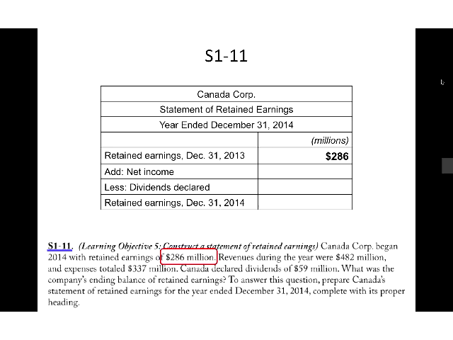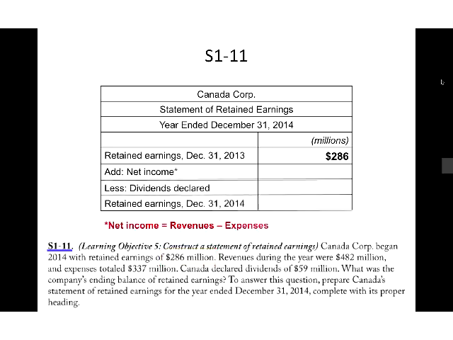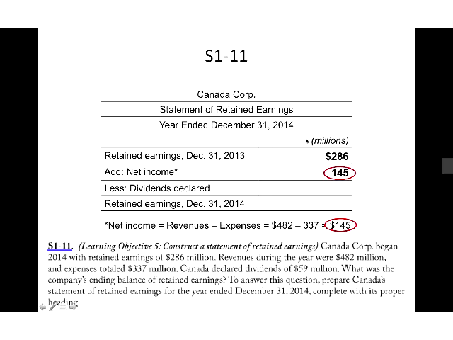But nowhere in this problem does it give us net income, so we need to calculate it. Net income is revenues minus expenses. You need to know that. Revenues minus expenses is net income. So revenues during the year in the problem were given as 482. Okay? So in the problem itself, it's telling us revenues were 482.